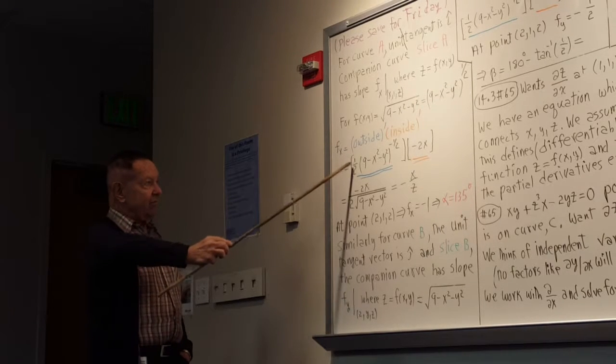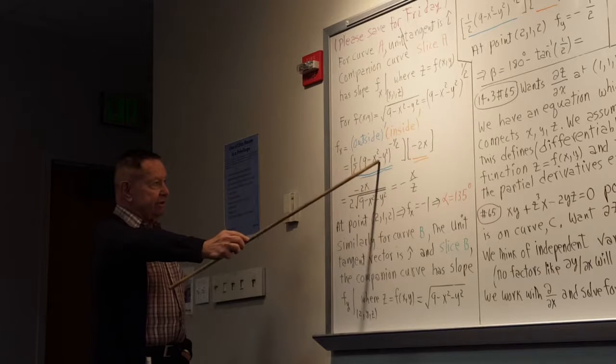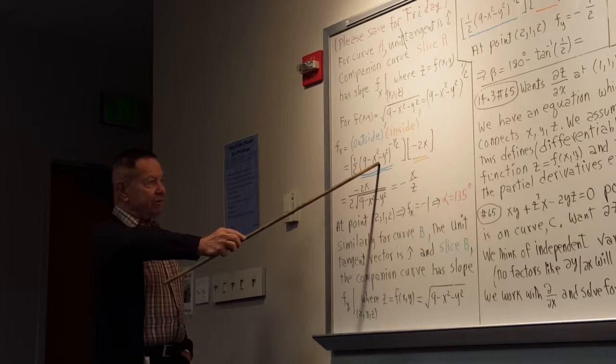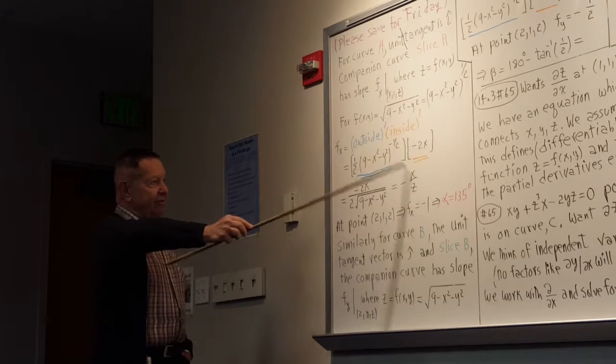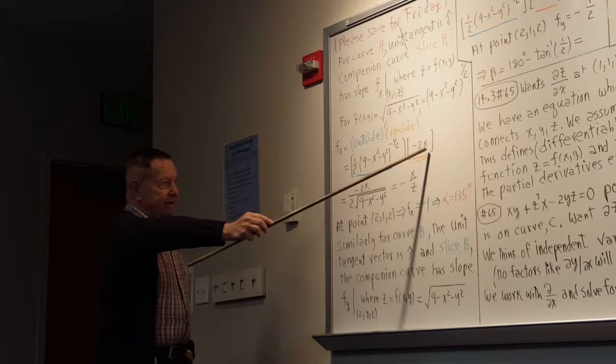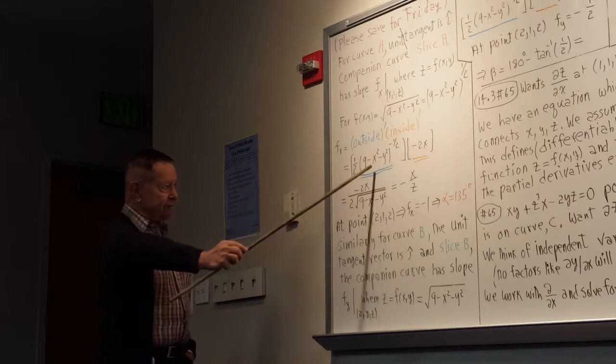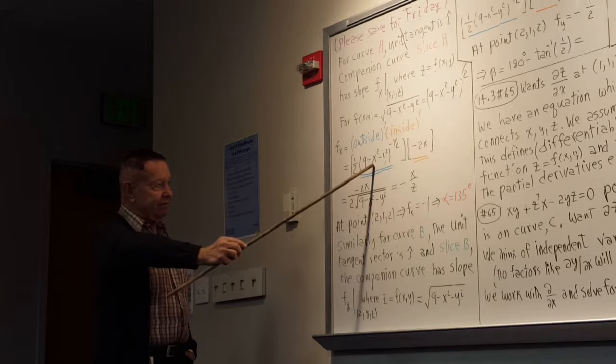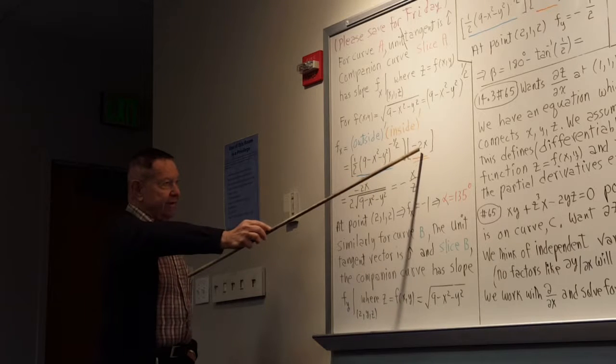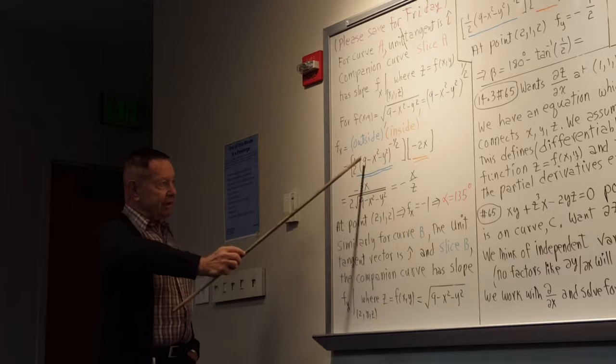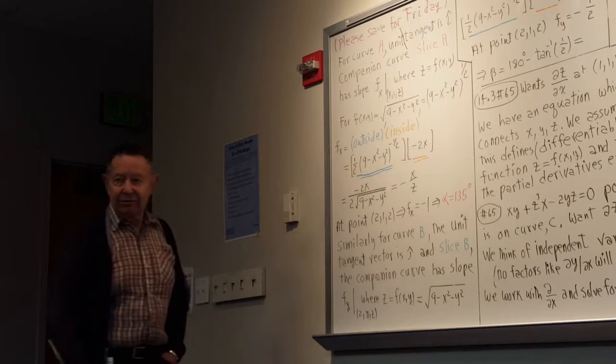So you'd have 1/2, and then your inside left alone to the minus half, and then times the derivative with respect to x of the inside function, which would be the minus 2x. You're treating the 9 and the y both like constants.